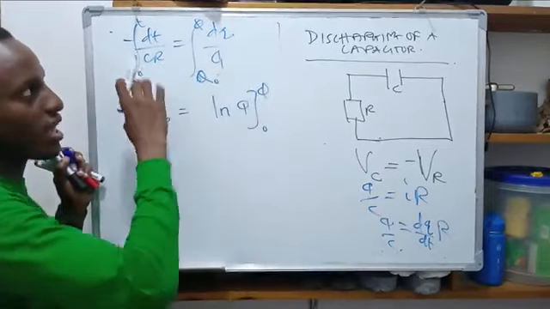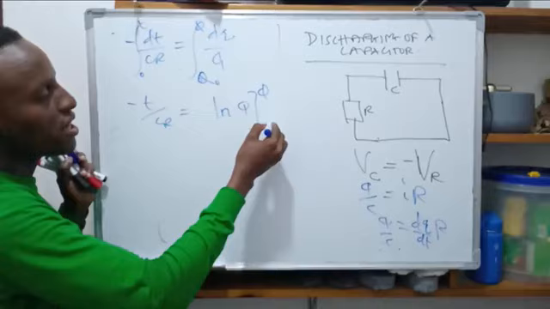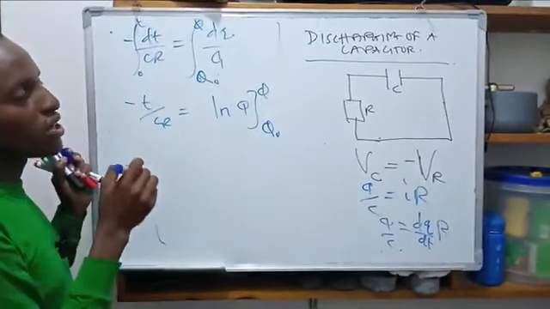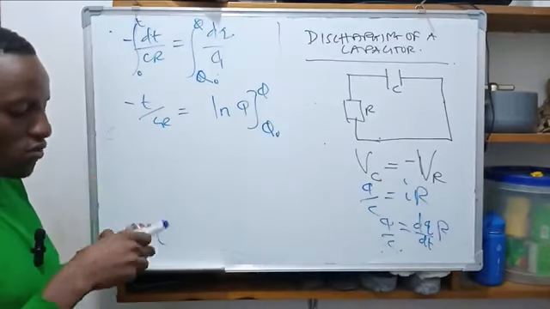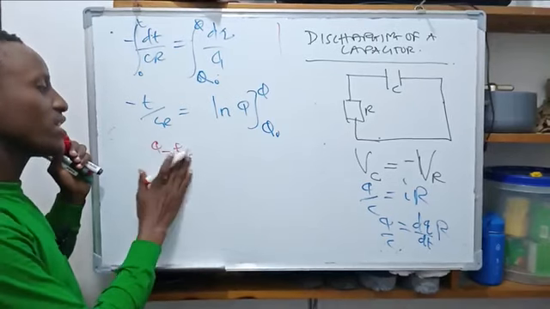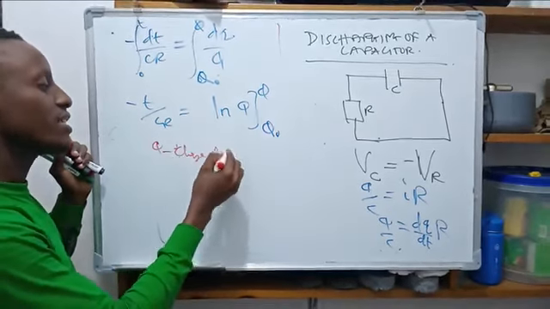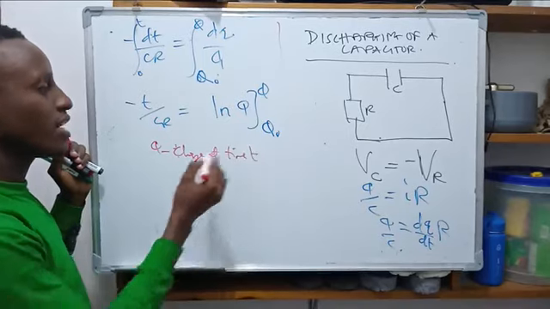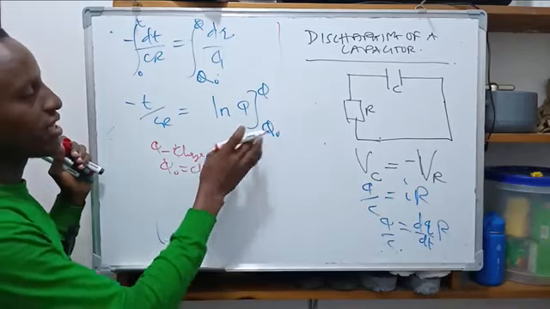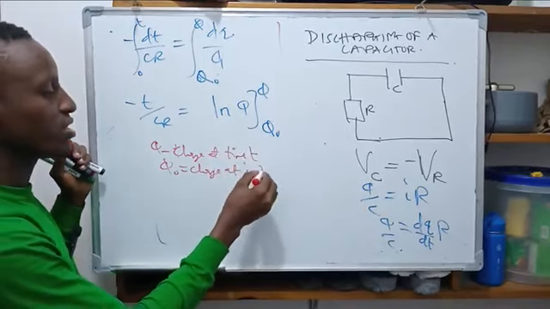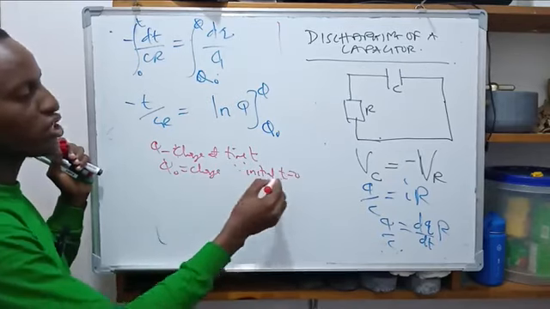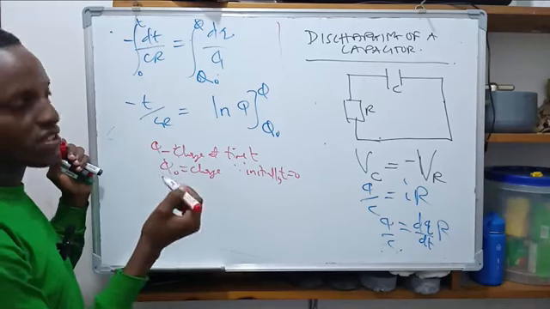So I'm discharging from the initial Q naught to the final Q. Before I move on, this one is the final charge at time t, and Q naught is the initial charge, at time t equals 0.